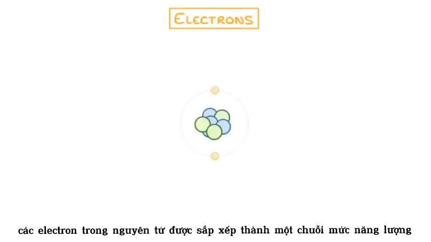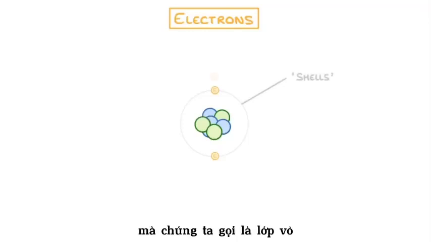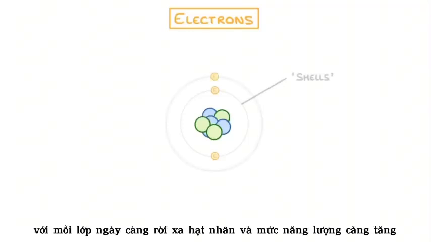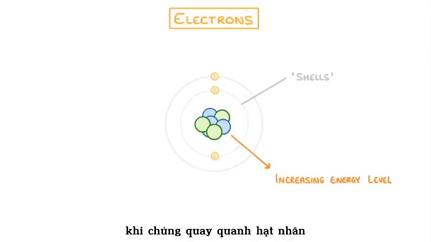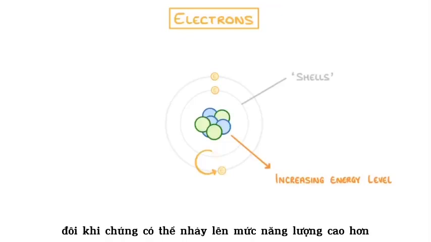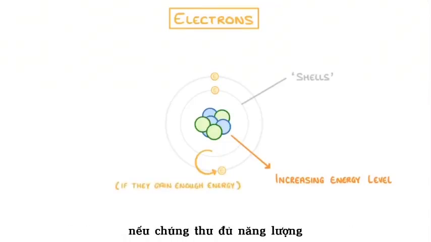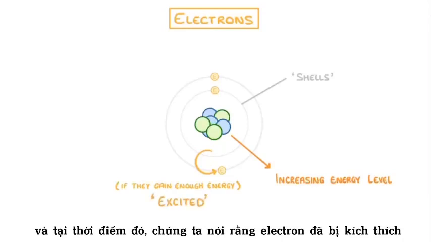The electrons in an atom are arranged in a series of energy levels, which we call shells, with the shells getting progressively further away from the nucleus and increasing in energy level. Although electrons normally stick to a single shell as they orbit the nucleus, they can occasionally jump up to a higher energy level if they gain enough energy, and at that point we say that the electrons have become excited.